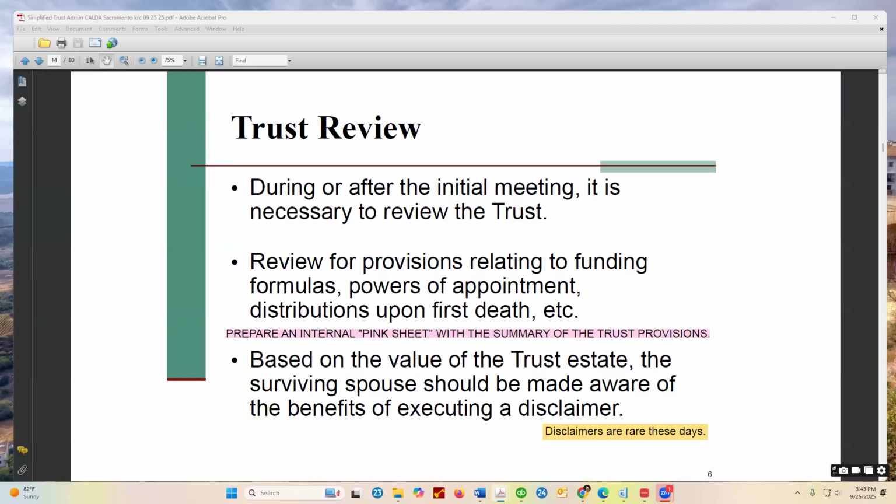After you start doing trust administration, the first thing that we do is read the trust for content: how the distribution works, what the provisions are. Are there ongoing trusts that are going to last for several years? Does one trust create two or three trusts?